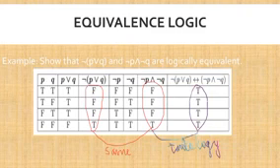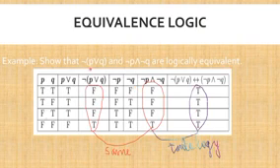Now here I have given an example for equivalence logic. The question given in this statement is: negation of (P cup Q) and negation P cap negation Q are logically equivalent, which is the thing to prove. For that, what are the things we need to have?